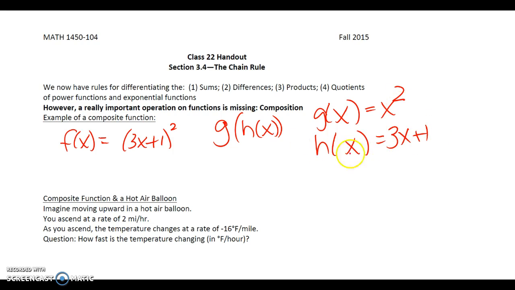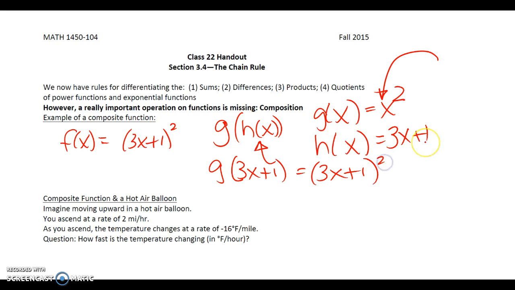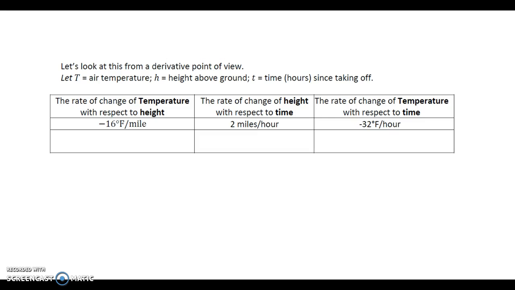So if h of x is the input to g of x, then we say this becomes g of 3x plus 1. So 3x plus 1 is now the input into g of x, so (3x plus 1) squared. That's what he's getting at when he shows you this type of example.